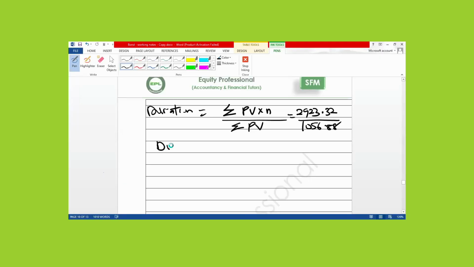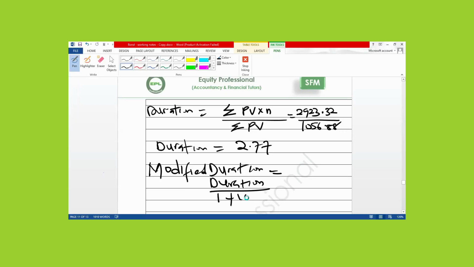The duration of this bond is 2.77. But you are required to calculate modified duration. Modified duration is equal to duration divided by 1 plus the YTL.